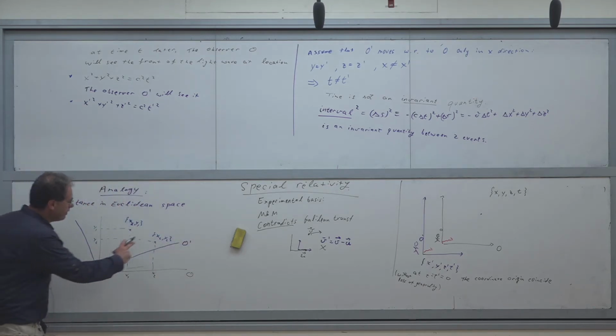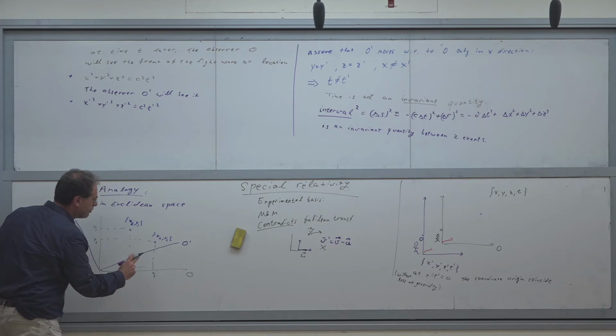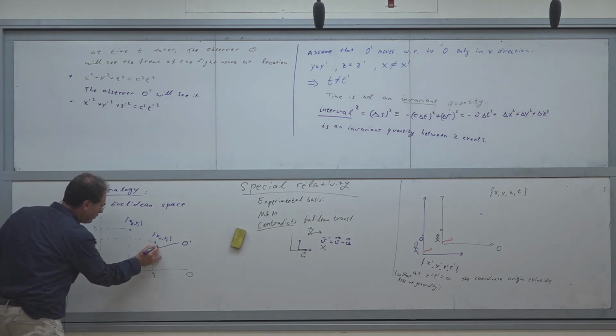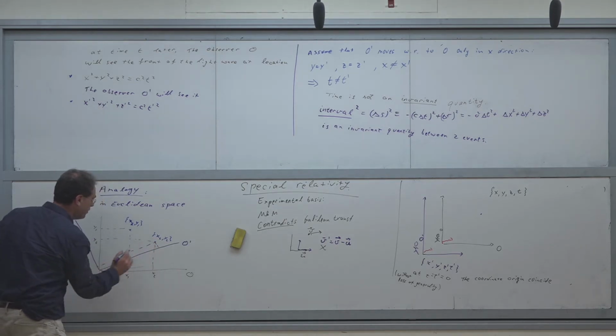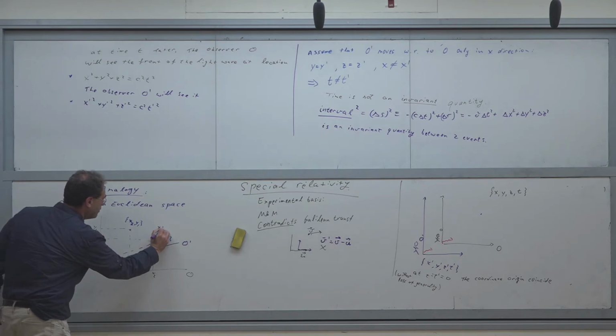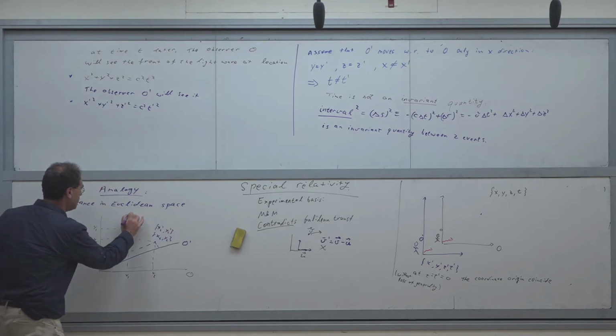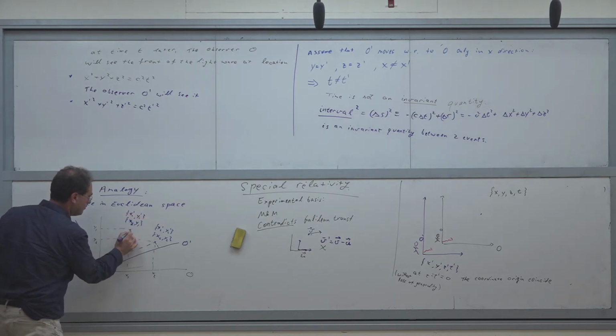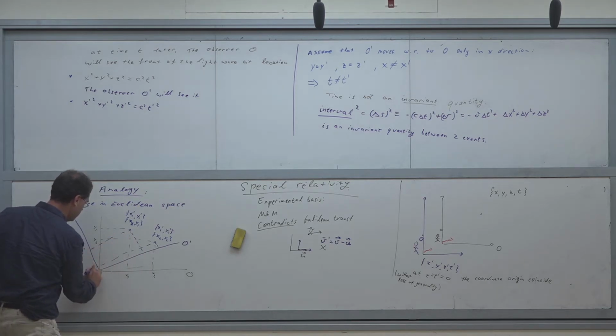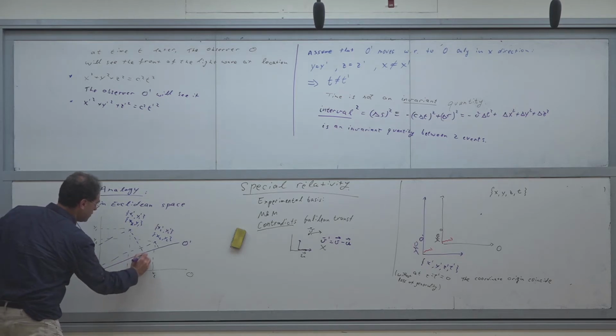In the frame O prime, the location of the same points would be x1 prime, y1 prime, x2 prime and y2 prime.